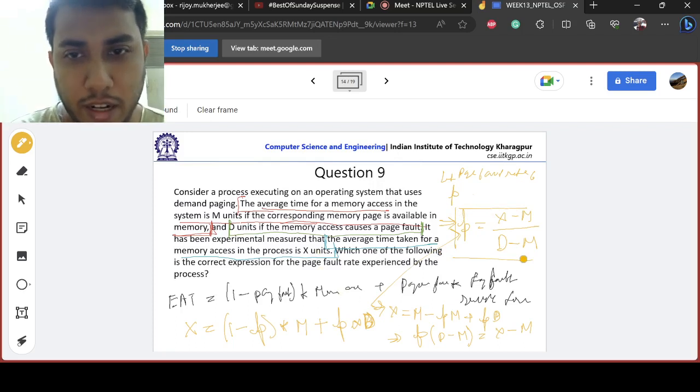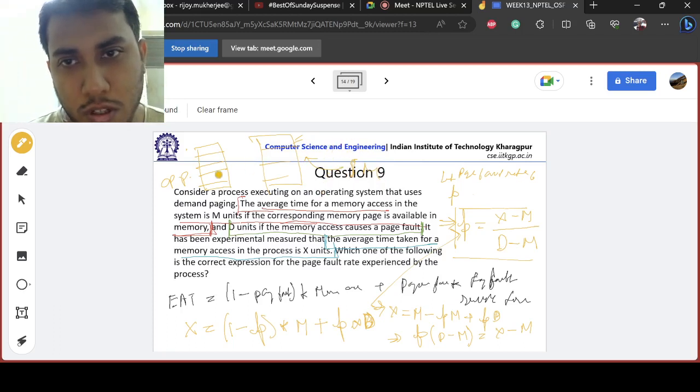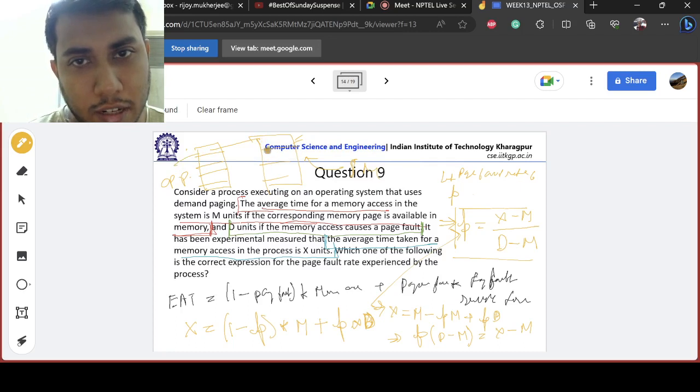Let me again go through it. What is a page fault? This is your page table entry, and it corresponds to the particular frame where your page is. If it is not present here, we have to go to the secondary memory and load it into the main memory. If there is no page fault, the address is translated, and we go to the corresponding frame number to fetch the page.